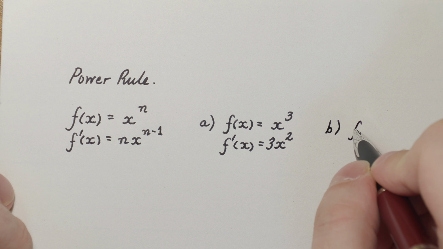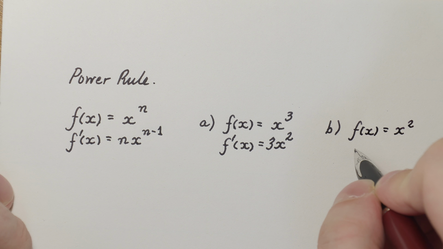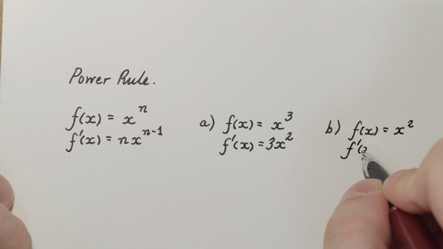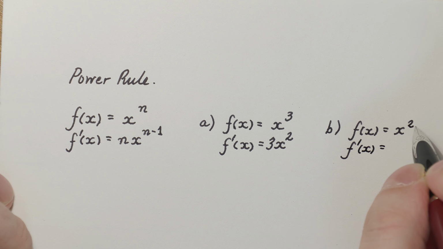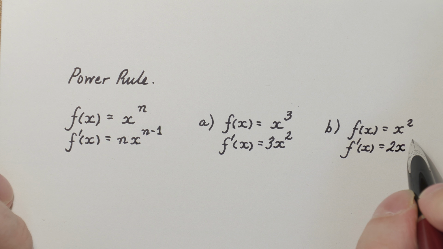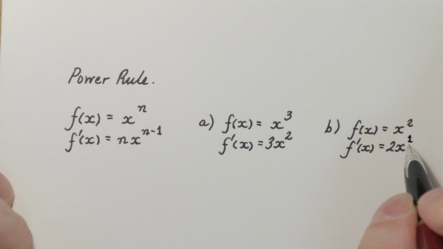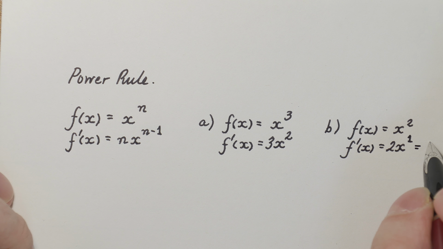Similarly, if I do x squared, then the derivative is the 2 comes down in front, I'm left with x, and the exponent decreases by 1, so I'm left with just 1 now. And we usually don't write x to the 1, so in fact the derivative is just 2x.